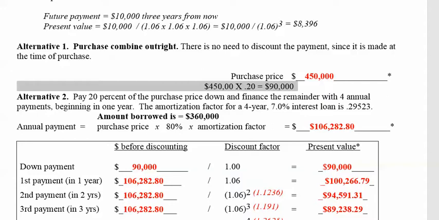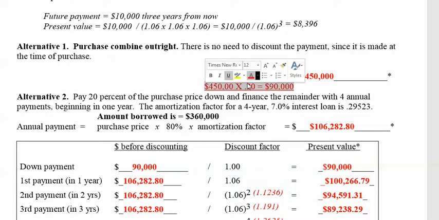That means we borrow the rest. 450,000 minus 90,000 is 360,000. The total combine purchase price is 450,000. We subtract the 90,000 that we have down and borrow the rest, 360,000.